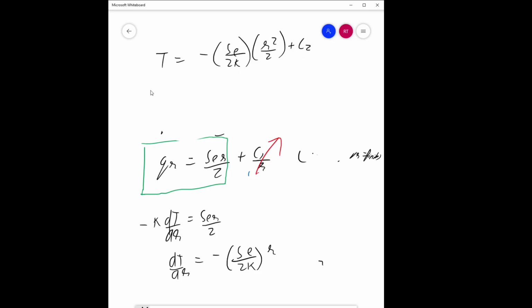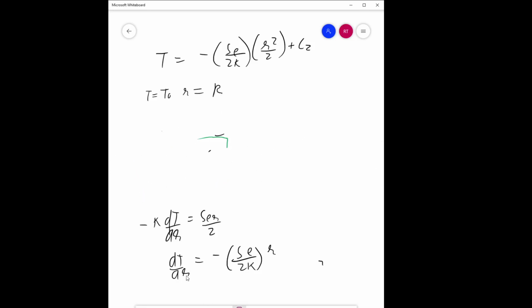Now here we know at R is equal to R, T is equal to T0. So on substituting this value, you get C2 is equal to T0 plus S C by 2K into R square by 2.